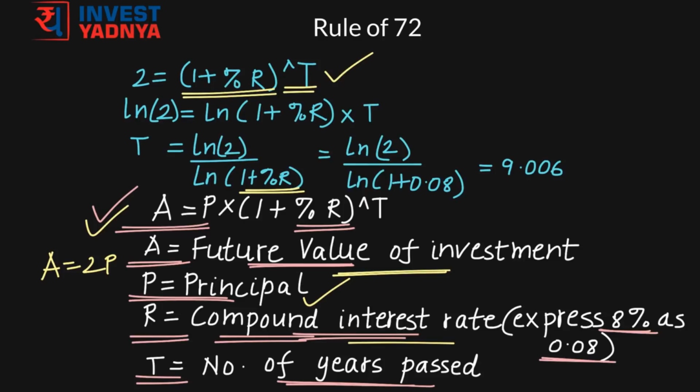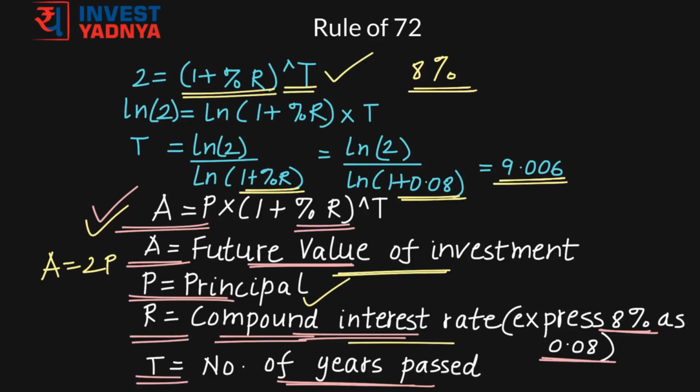Now going back to the same example where my investment was giving me a compound interest rate of 8%. If I put this value in this equation, I get a value of 9.006, which is the exact duration after which my investment would be double.